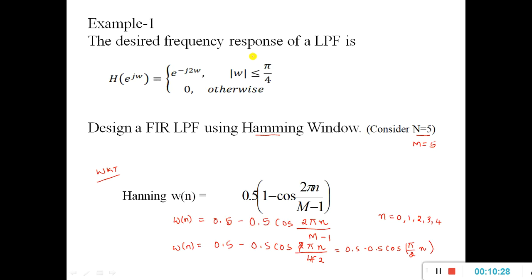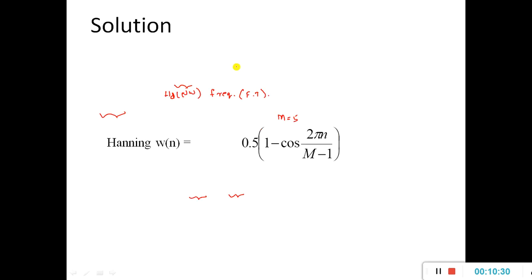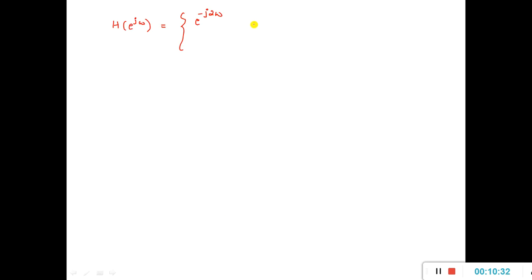According to the given problem statement, Hd of omega is equal to e to the power of minus j 2 omega, where omega is running from minus pi by 4 to plus pi by 4. Since we have taken it as mod, I just write mod omega less than or equal to pi by 4, and it is 0 otherwise.